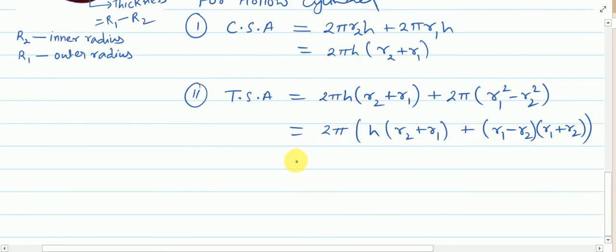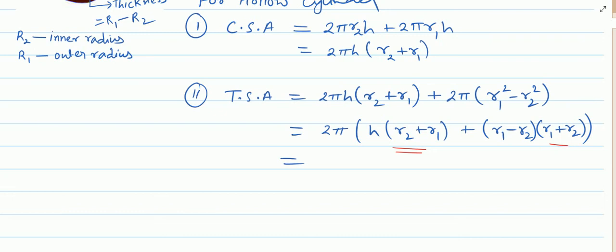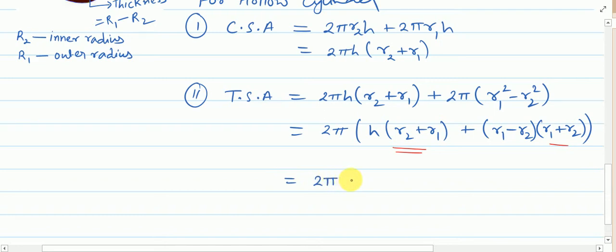Now in the next step you can take out this and this as common, so you get 2 pi r1 plus r2, and here h plus r1 minus r2.